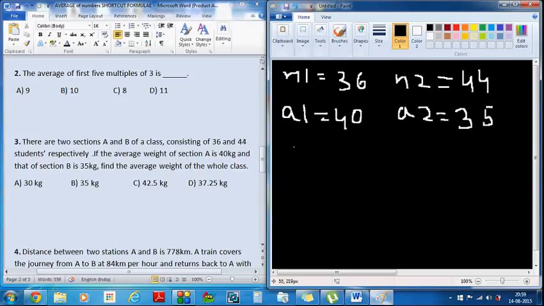So the formula is N1A1 plus N2A2. What will be N1A1? We'll multiply it.